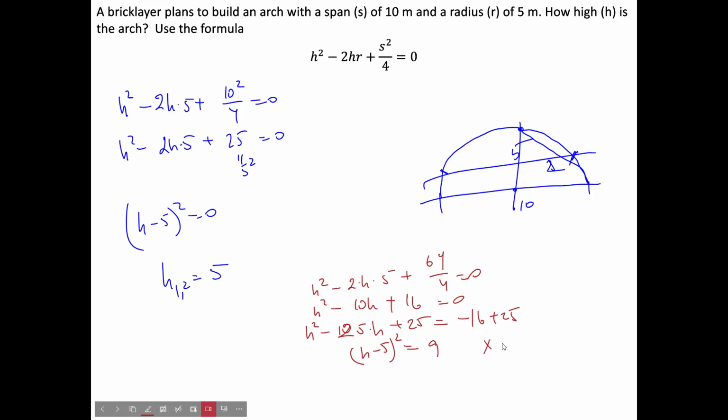So h minus 5 equals plus or minus 3. It's interesting, it's different now. Yeah, because the height will be different. So h1 is what? 2. h2 is what? 8.